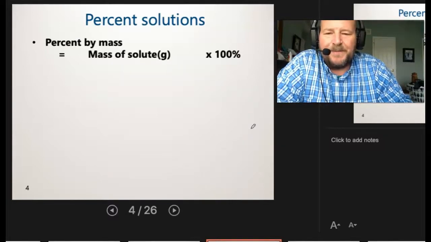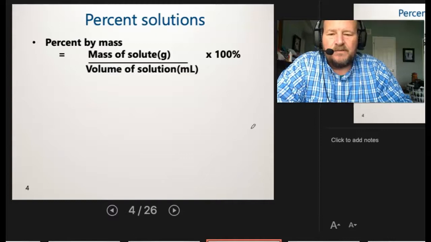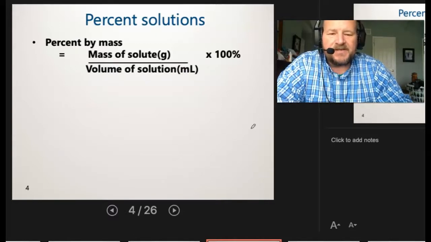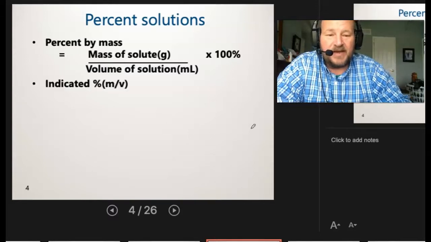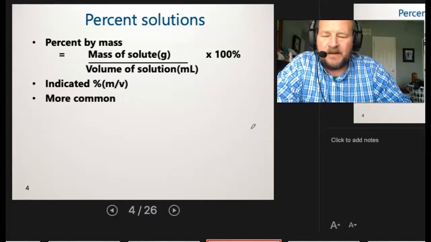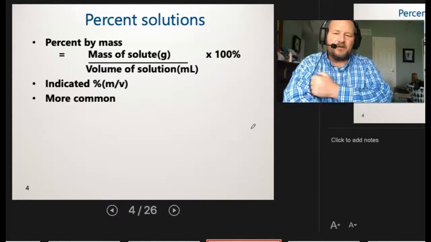We can also do mass of the solute over volume of solution, and we'll multiply that by 100%. So it's the same formula, except now the ending unit is going to be percent M over V. Now this is the most common, especially going into the medical profession.